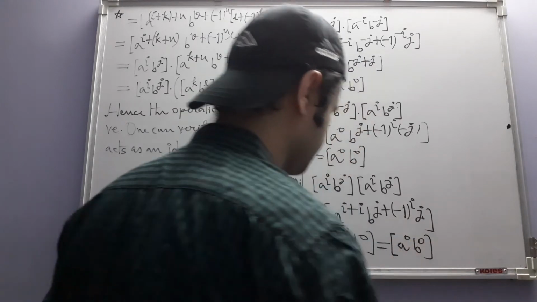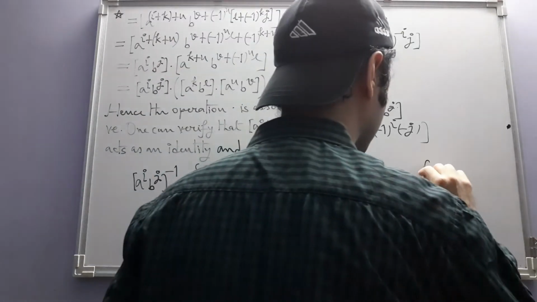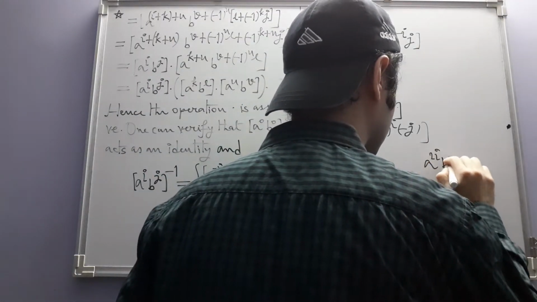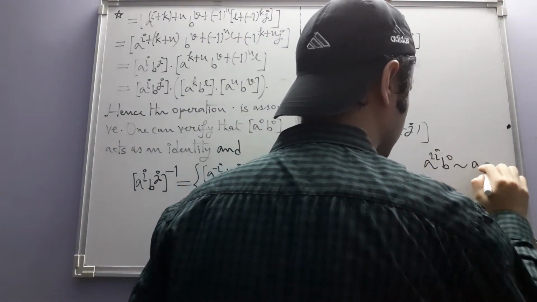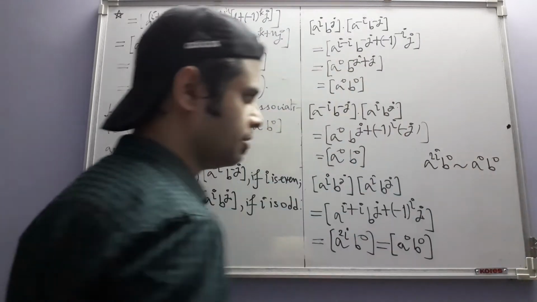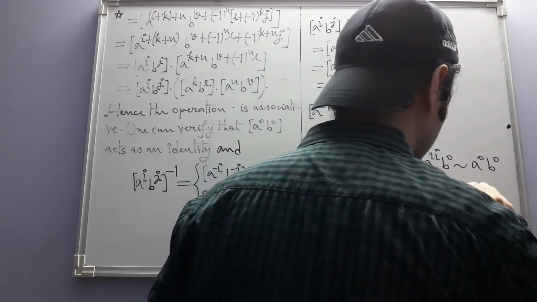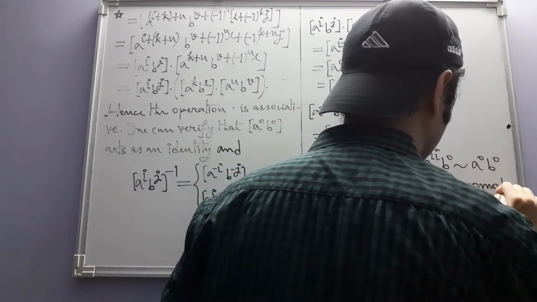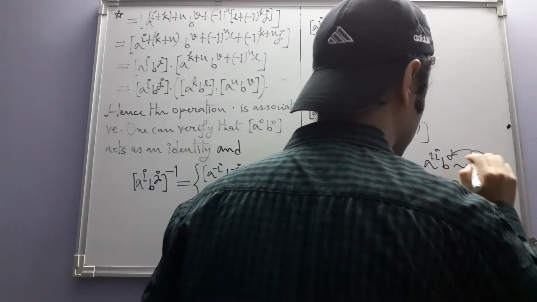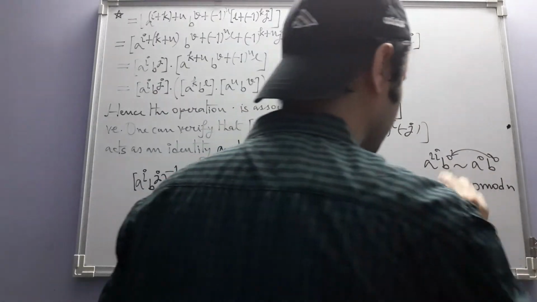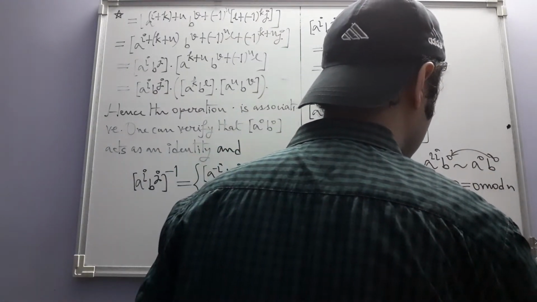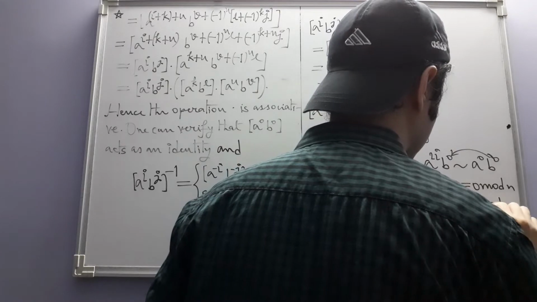Why? Because this is related to a0 b0. This part we understand. 0 is congruent to 0 mod n, these two superfixes. However, what about this one? Is 2i congruent to 0 mod 2?